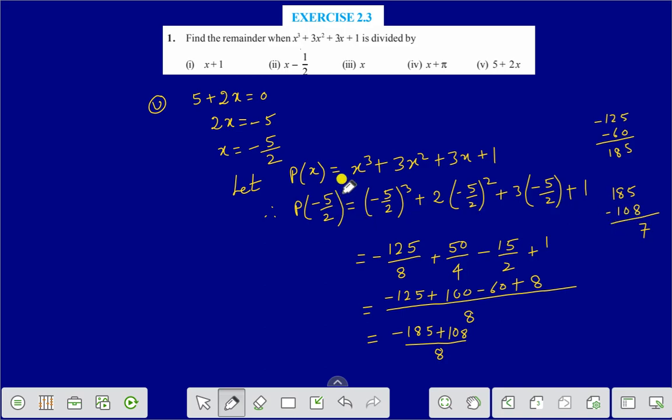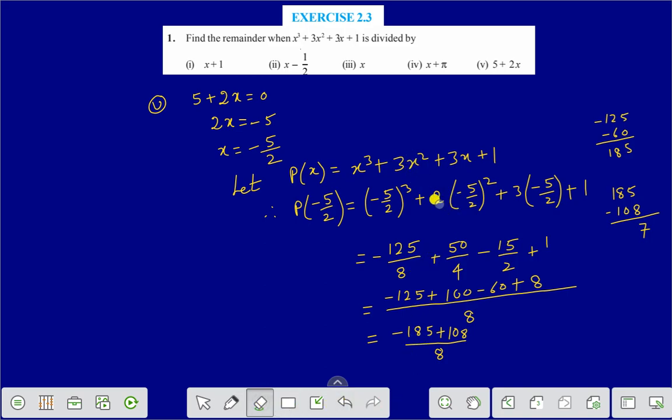Let us find once again. Minus 5 by 2 cube is minus 125 by 8. This is actually 3x square, not 2.